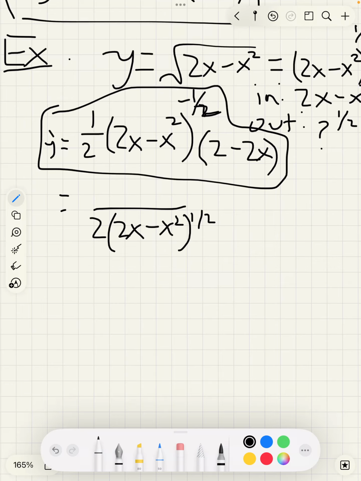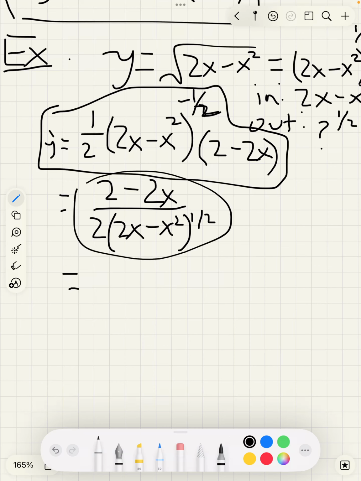And then because I'm multiplying by 2 minus 2x, I can write that in the numerator. 1, the thing that's already in my numerator, times 2 minus 2x, we get 2 minus 2x. So that's another way you could write it.